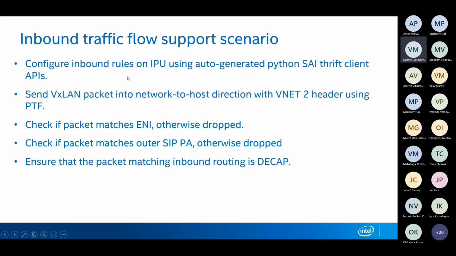So for the inbound traffic flow scenario, what we will do is configure the inbound rules on the IPU using the auto-generated Python SAI Thrift client APIs. We will send the VXLAN packet in the network-to-host direction with the VNet header. We will check that it matched the ENI, otherwise it's dropped, and check the packet matched our source PA IP address, otherwise it will be dropped, and then we will ensure that the packet matching inbound routing is decapped.